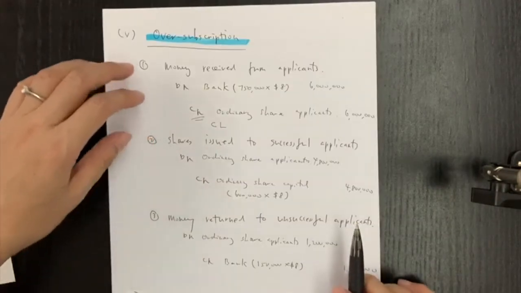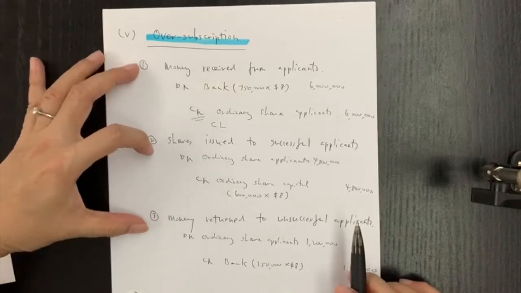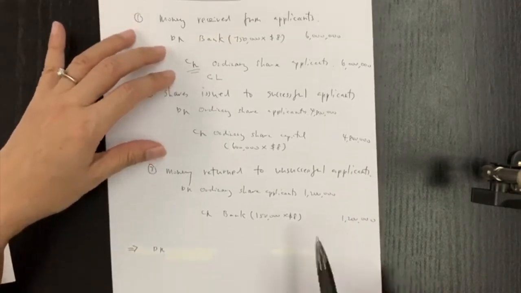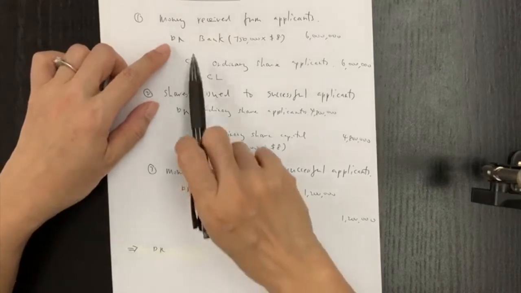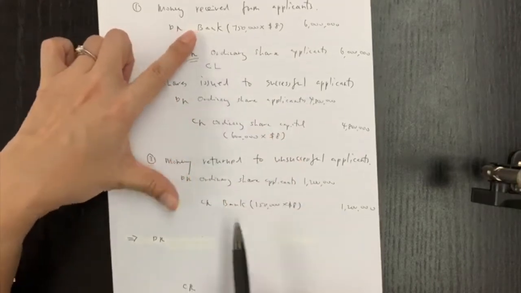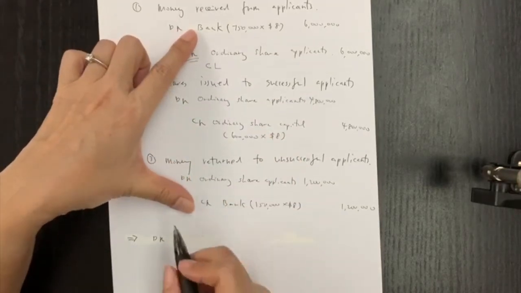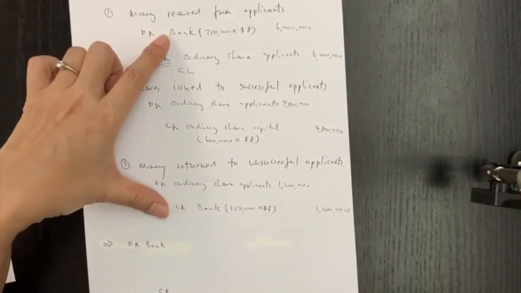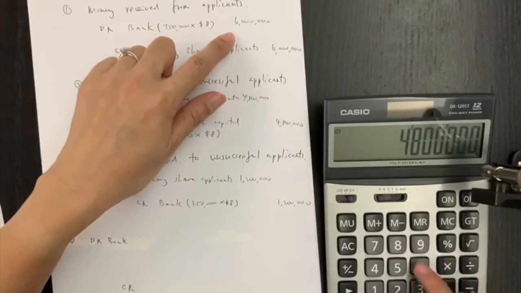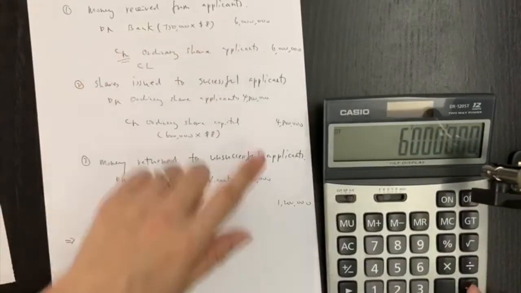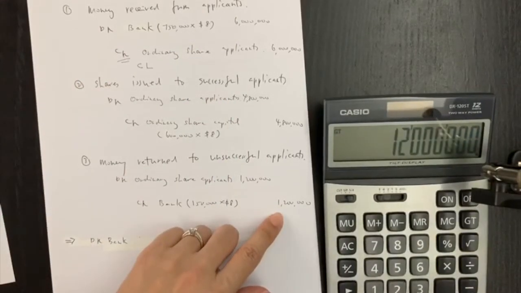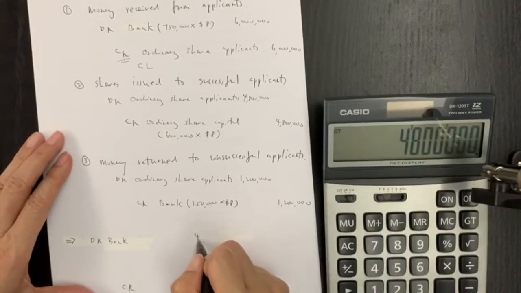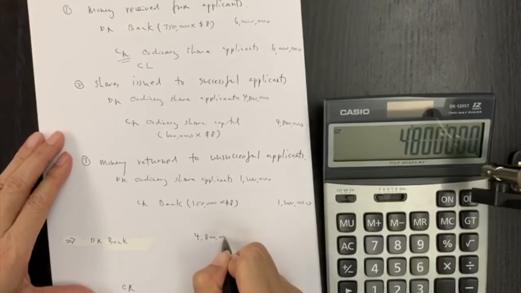Okay, so what happens if we put all these three double entries together? Here we have the net double entry, so debit bank. However, later on we credit bank. So how much do we debit bank? That will be the difference between 6 million here minus the money refunded to them, which is 4.8 million.